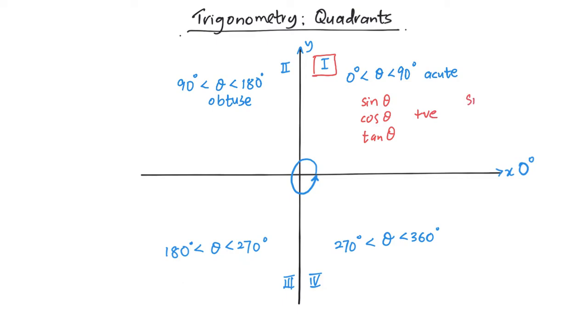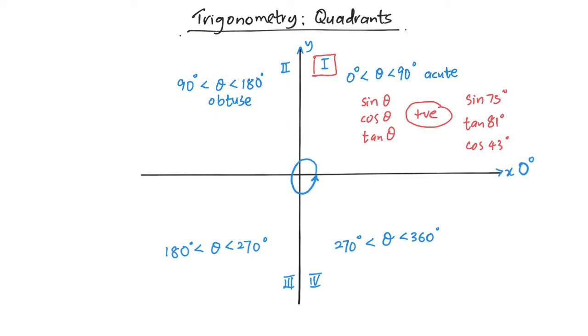Example, if we have sine 75, the answer definitely will be positive. If we have tangent 81, for example, the answer will be positive. And also if we have cos 43, for example, all of this will be positive. The accurate value is another part of it, where we can get that from a calculator, or we can get from a graph that will be discussed later. So this is where all the angles are positive.